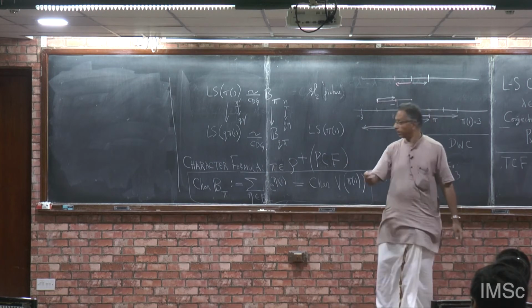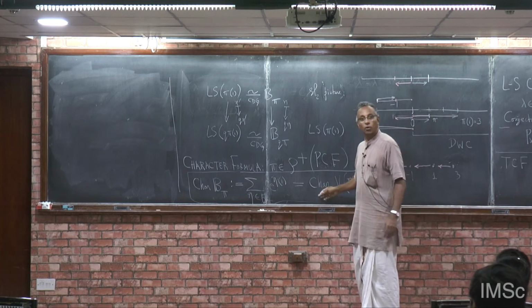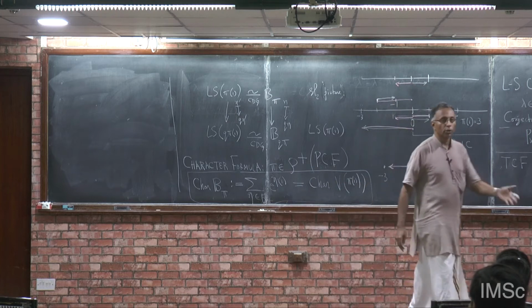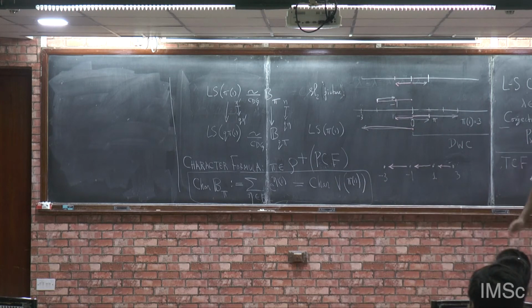So that's why I called it the mother of all character formulae, because it subsumes the Lakshmibai-Seshadri character formula, the Gelfand-Zeitlin pattern character formula, the tableau character formula, and generalizes them to all symmetrizable Kac-Moody Lie algebras, etc. Okay, it's really a sweeping generalization.